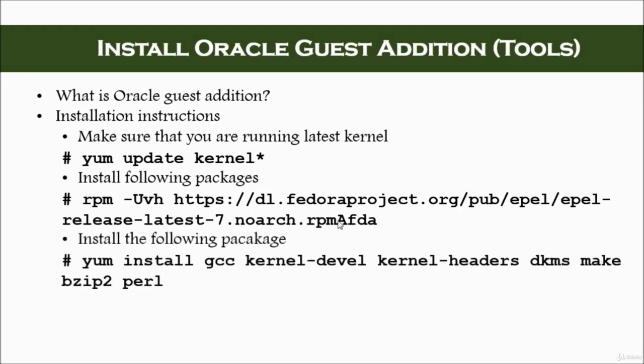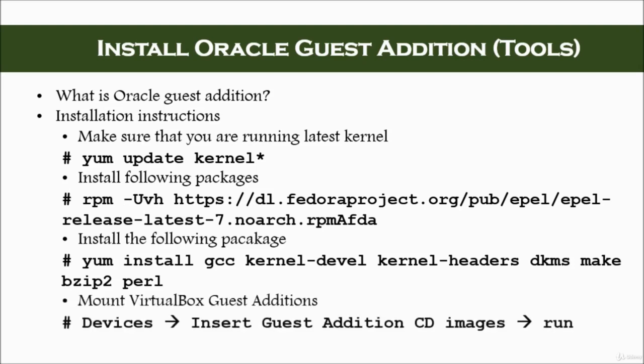Then install the following packages, which is gcc, kernel-devel, kernel-headers, dkms, make, bzip2, and Perl. And of course, once all the basic necessities for Oracle Guest Editions are done, then mount the VirtualBox Guest Edition by going to the console and clicking on Devices, Insert Guest Edition CD image, and then simply run it.